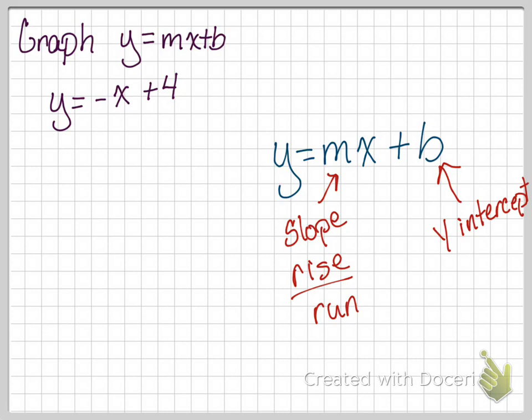Now, x and y are ordered pairs, and they are constantly changing. Okay? The x and the y have infinitely many combinations. They are points on the line.